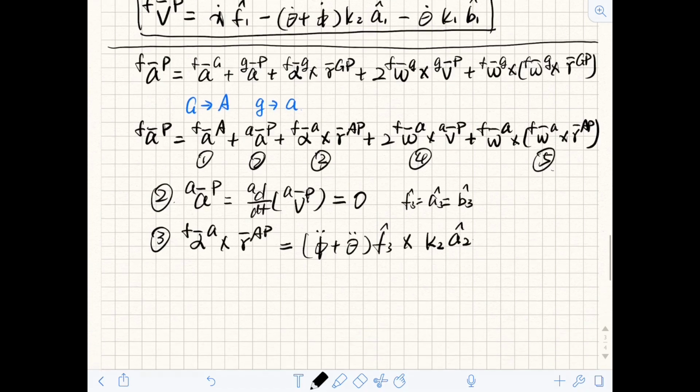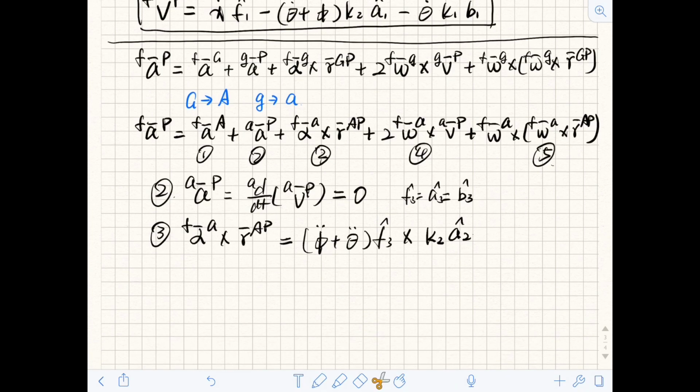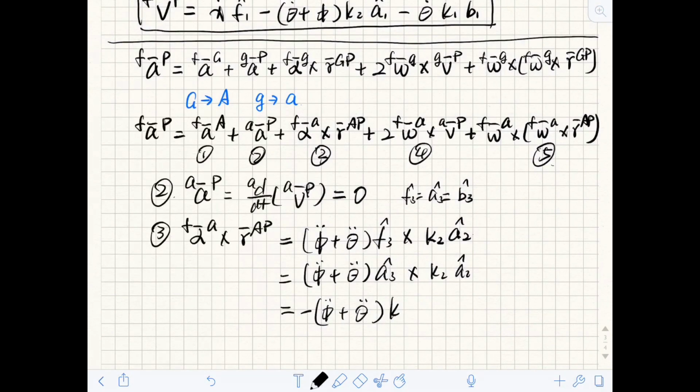So to make the cross product easier, we can replace F3 with A3. So we have phi double dot plus theta double dot A3 cross K2 A2, and it's equal to negative theta double dot plus phi double dot K2 A1. Again, the negative sign is the result of the cross product between A3 and A2.